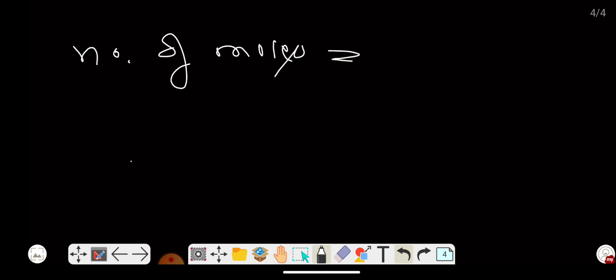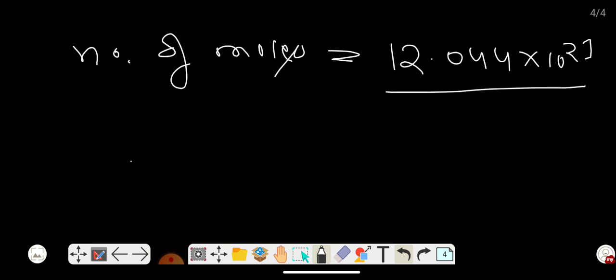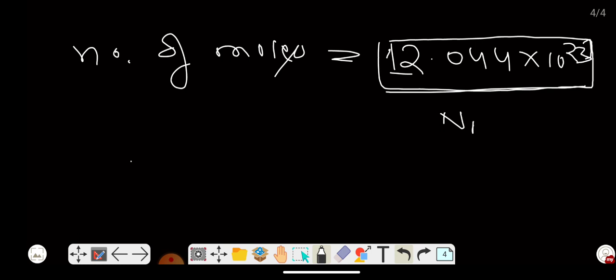Now, the formula when the number of particles is given. Suppose we have any substance and the number of particles taken is 12.044 into 10 to the power 23, then the number of moles is equal to given number of particles upon Avogadro number, that is Na.